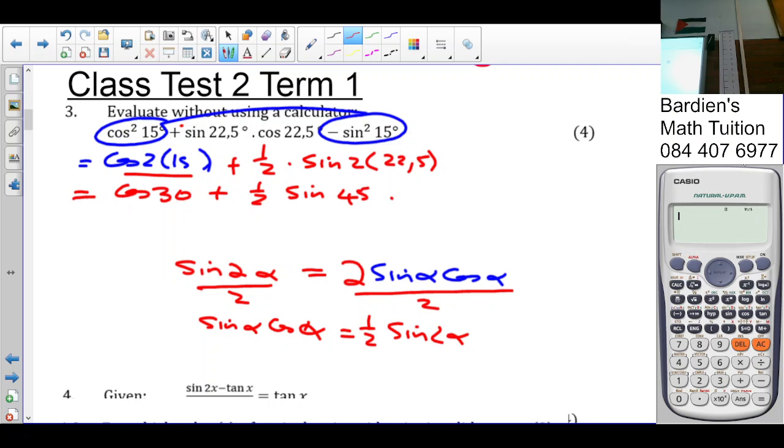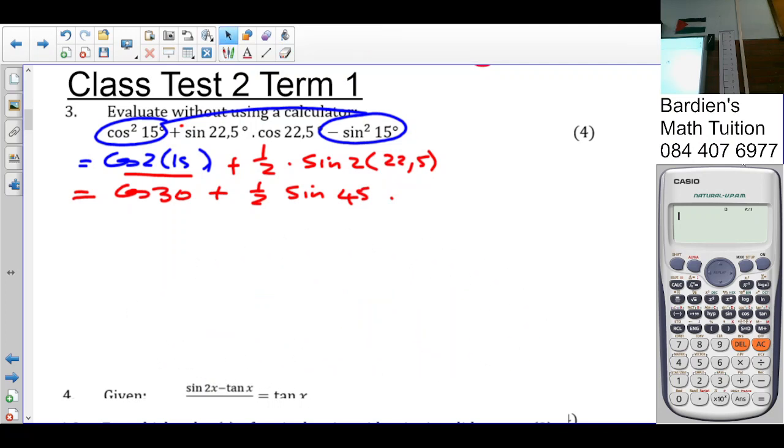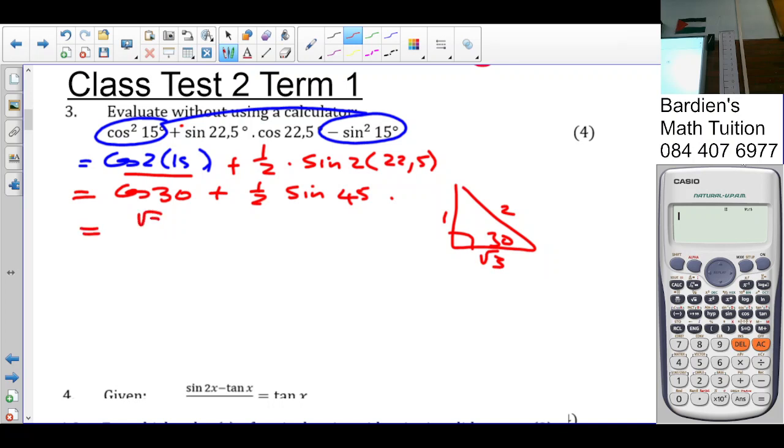So sin 45 goes to the special angles there, and cos of 30 also to the special angle. So it's root 3 over 2 plus a half times sin 45. So it's 1 over root 2.